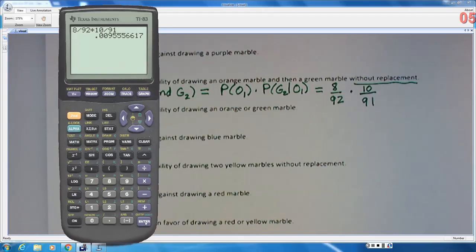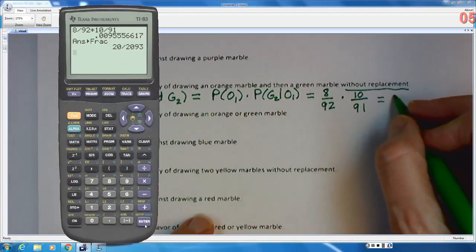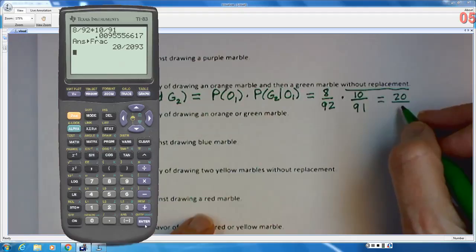Can you see that? Okay. Math, enter, enter, is change that to a fraction. And it changes it to a reduced fraction for you. The answer, if I want it as a fraction, is 20 over 2093.